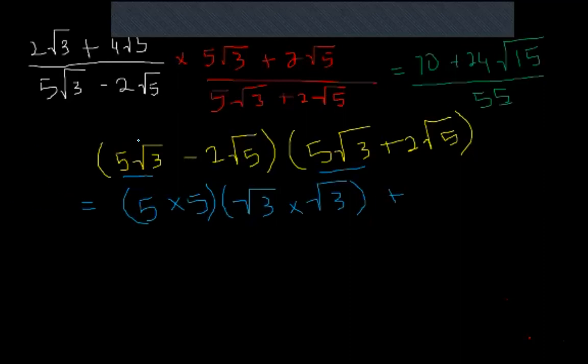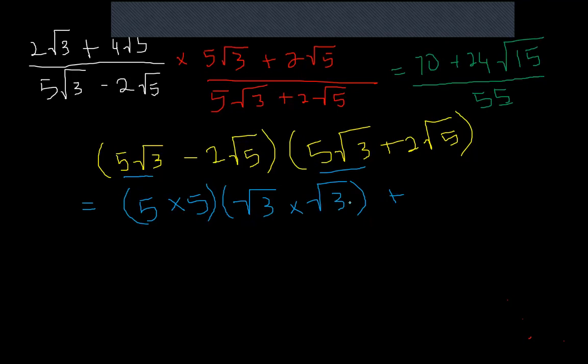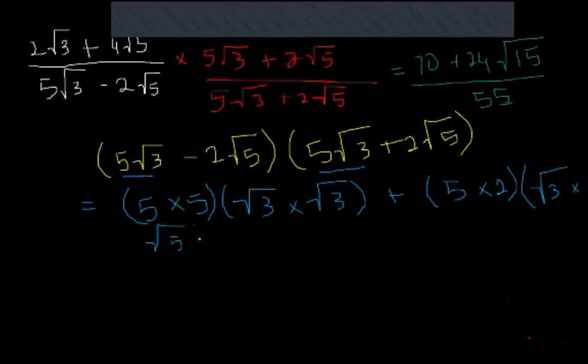Continuing the distributive law, it would be this term multiplied by this one. So that's 5 root 3 by 2 root 5. That would be 5 times 2. You multiply these constants like usual, and then you multiply your roots. Next one.